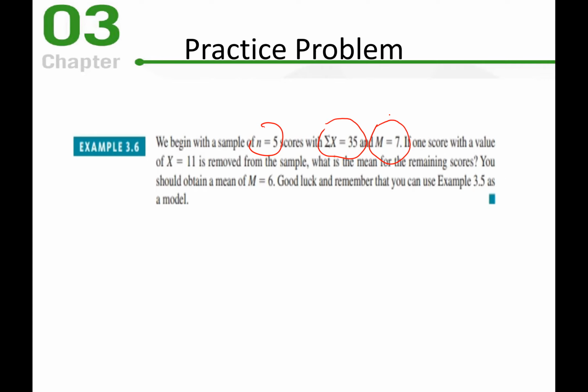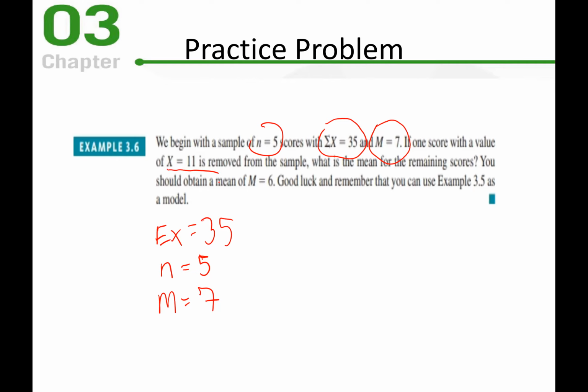So this will take some work, but bear with me, right? So the sum of scores equals 35, the sample size, number of scores, is 5, and the sample mean equals 7, right? We are going to remove a score of 11 from the sample.